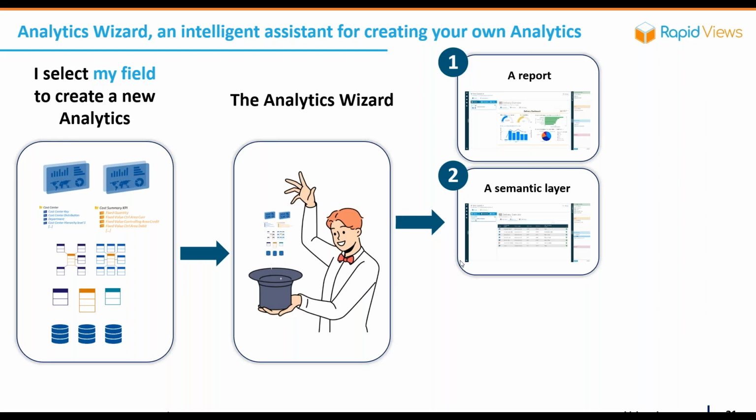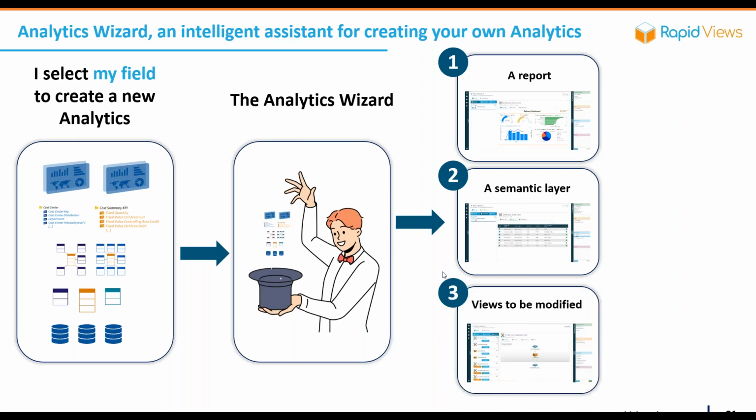And next one, maybe even more interesting for the BI developer community. What if the wizard could show you the best cubes or fields or tables to be used to build a new cube or a new CDS view? So that's what Julien, you're going to do for the demonstration.